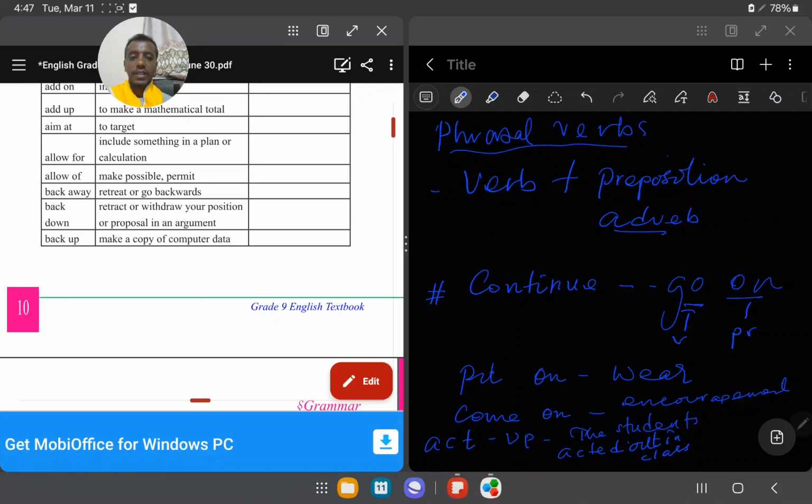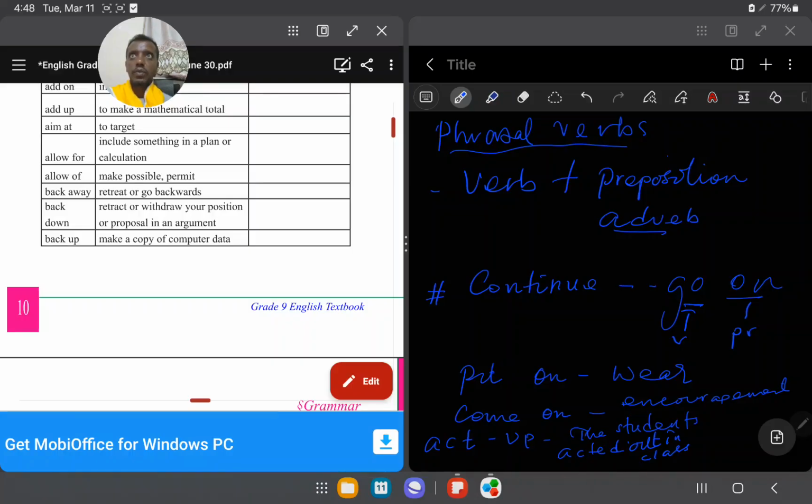Another one is phrasal verb. Phrasal verb is a combination of a verb and a preposition or an adverb. A verb is an action word, for example eat, go, continue, put. Put the book on the table has a plain meaning, but put on your clothes means to wear clothes.